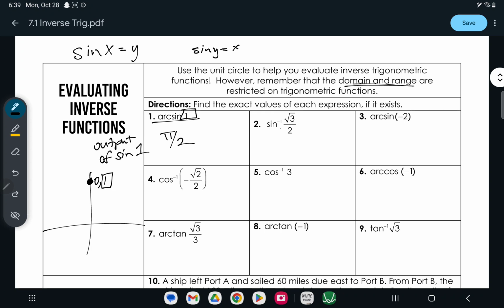All right. Now this next one, we want an output of root 3 over 2. And I'll just draw part of it here. I know that's pi over 4, and that's root 2 over 2, root 2 over 2. And I know that's 1/2.